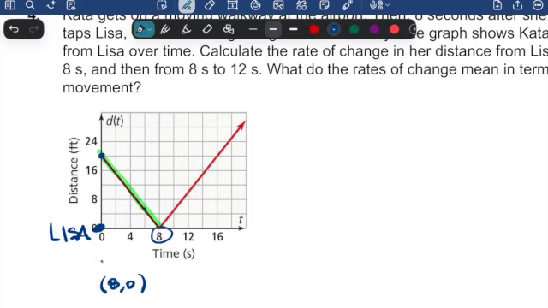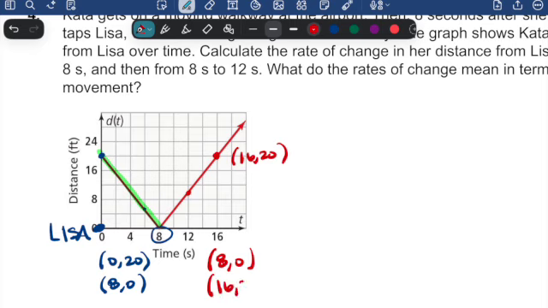So that point is going to be 0, 20. And then for the next part, where she is getting farther away, we're going to do 8, 0 again. That's our first point. And if we look at 12 seconds, again, not an accurate point to use for slope. So let's use a different one. I like this one right here. Let's use that point, 16, 20. So our second point would be 16, 20.